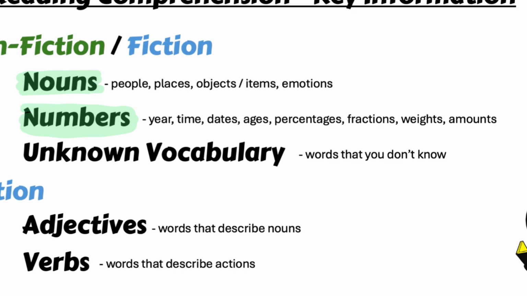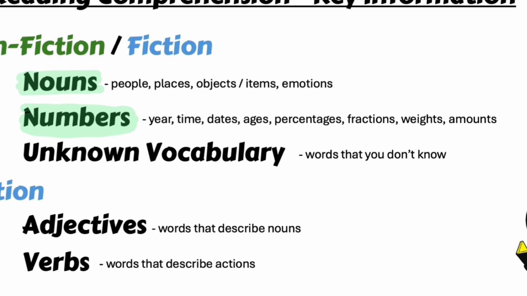But any text that we're reading, any years, any times, any dates, any ages, percentages, fractions, statistics, weight, amounts, anything to do with a number or a period of time or an amount, we need to spot that and know where it is, because it's going to help us get back there very, very quickly. So we need to be able to spot nouns, and we need to spot numbers. And I've put them like this because this is dead easy to remember, nouns and numbers.